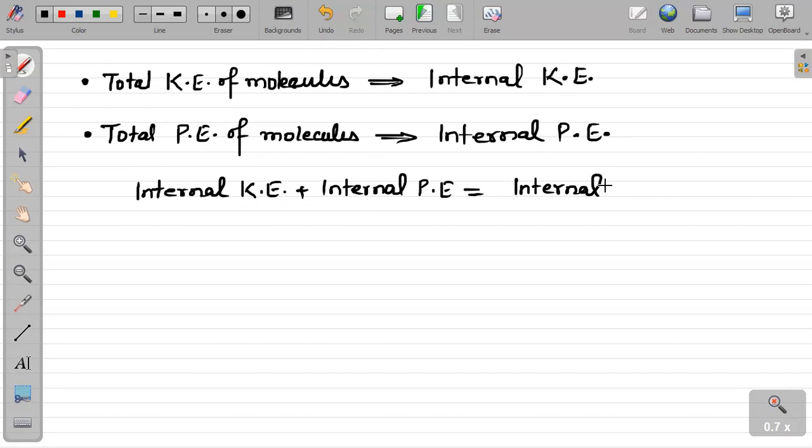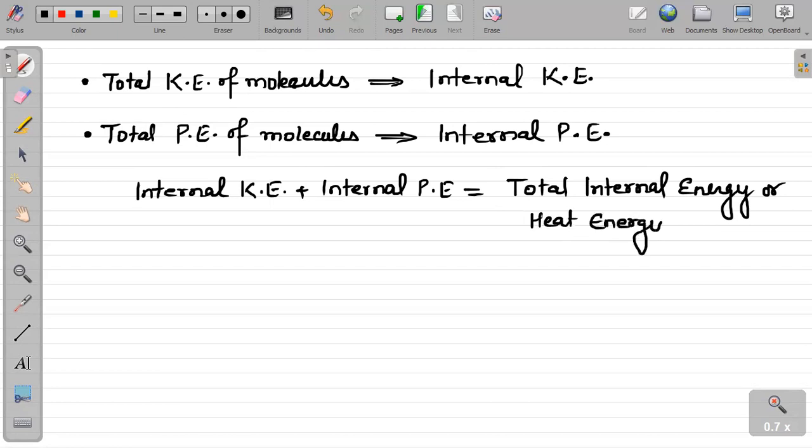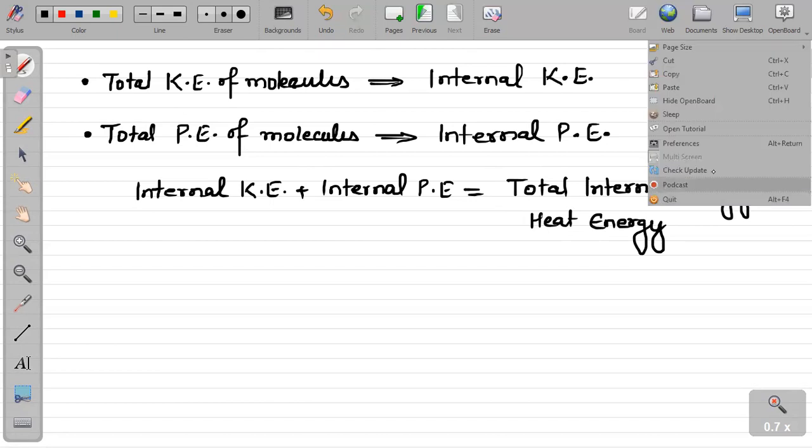The sum of internal kinetic and internal potential energy is total internal energy or heat energy of the molecules. Okay.